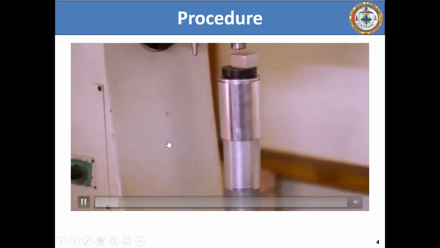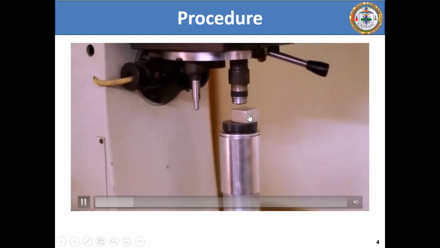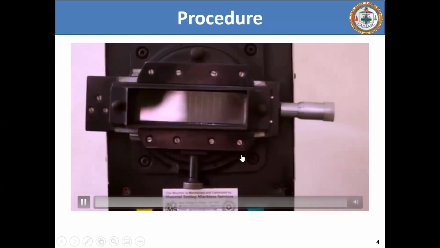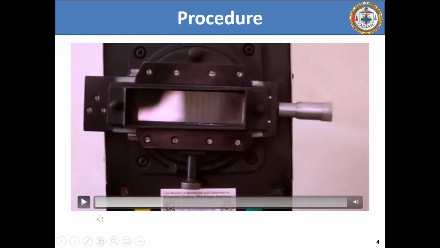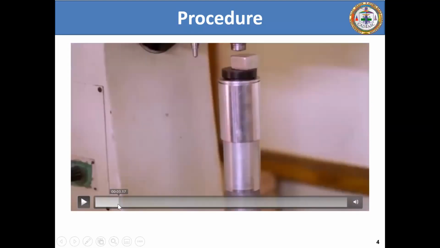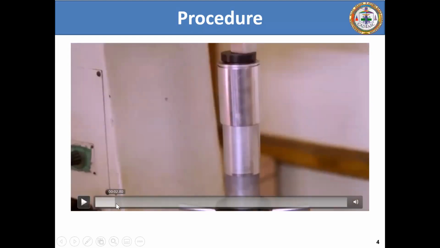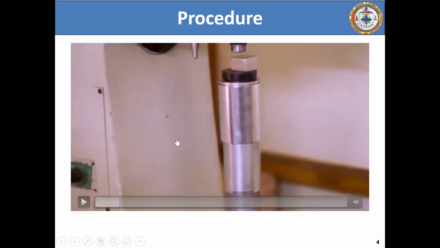Clearly, this is the material where you have to do the indentation. This is the microscope. This is the lever. Okay. So what did you see till now? I will drag back. What did you see?